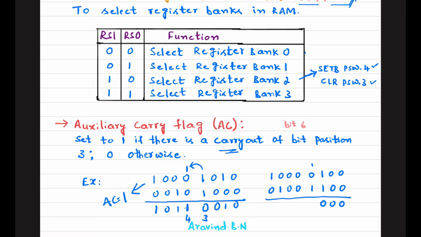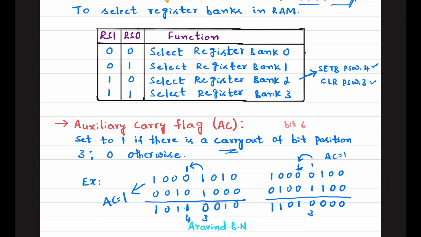Then 0, and here it is 1, and again 1 here, 0 and 1 here, and 1 here, right? So in this case again if you make a verification, then from bit position 3 to the bit position 4, carry is generated. Again in this case also the auxiliary carry flag will be set equal to 1.